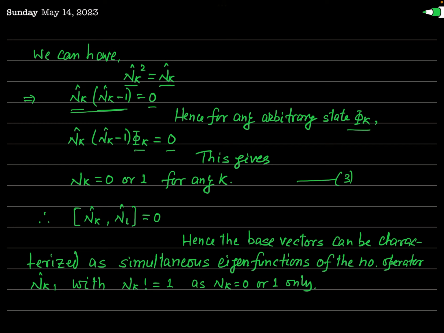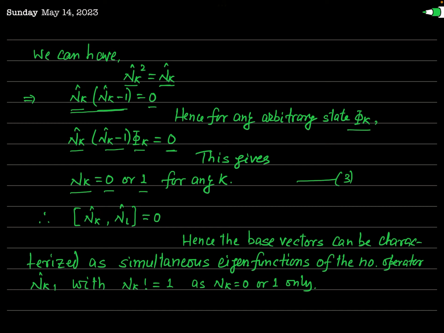And from this you can easily see that the eigenvalue of n_k hat will be either 0, or from the operator (n_k hat minus 1), the eigenvalue will be equal to 1. So you can say that this n_k, which represents the eigenvalue of the number operator n_k hat, is either equal to 0 or equal to 1 for any value of k.